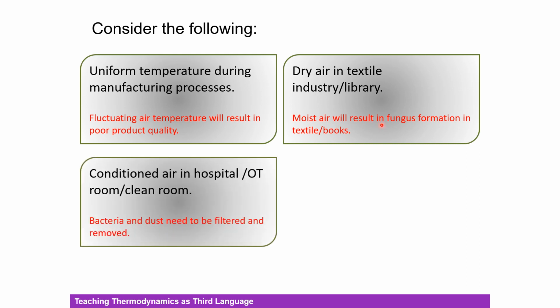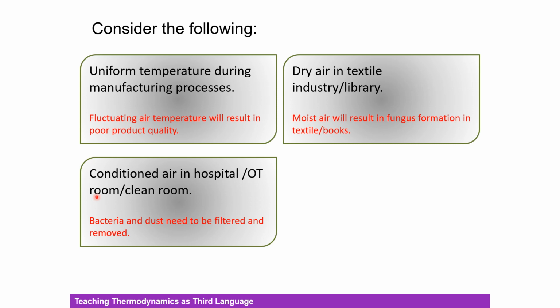Next, we also need conditioned air in hospital or operation theater or in a clean room. So clean room is where you manufacture your integrated circuits, the wafers, all right? So you need very clean air in a clean room where you manufacture wafers. It has to be dust free.